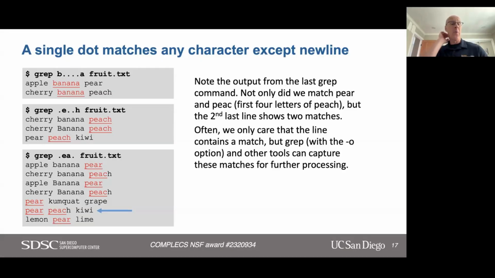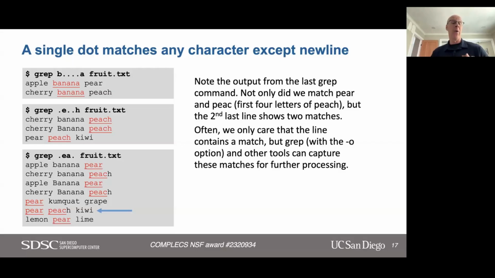Now in the next sample, we have a dot followed by an E, followed by 2 dots, followed by an H. And in this case, it's going to be any character followed by an E, followed by any 2 characters, followed by an H. And here we're going to pick up the 3 instances of peach. But if we had in the file, say leech, we would have gotten that. And then finally, we have grep dot ea dot.